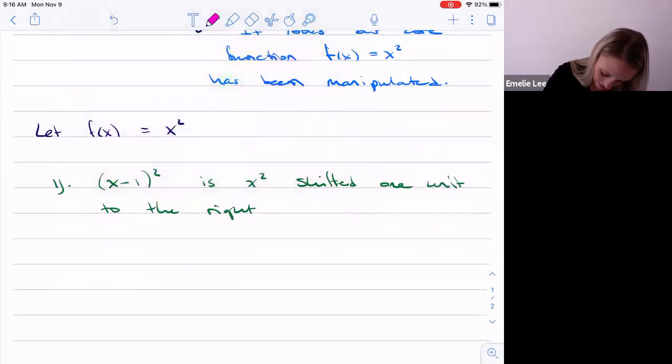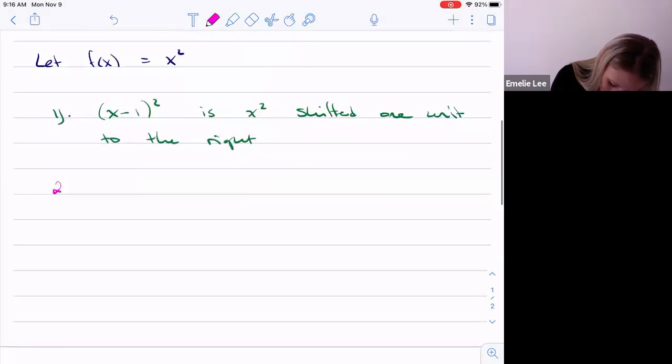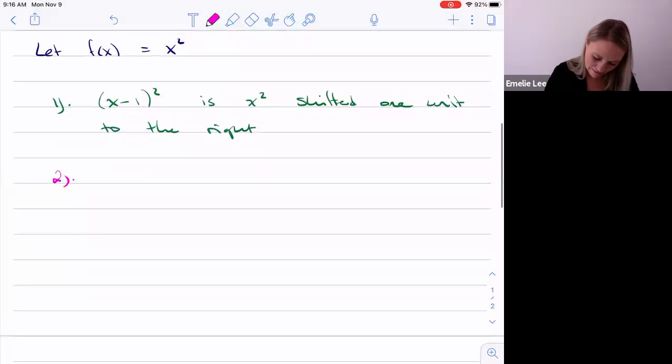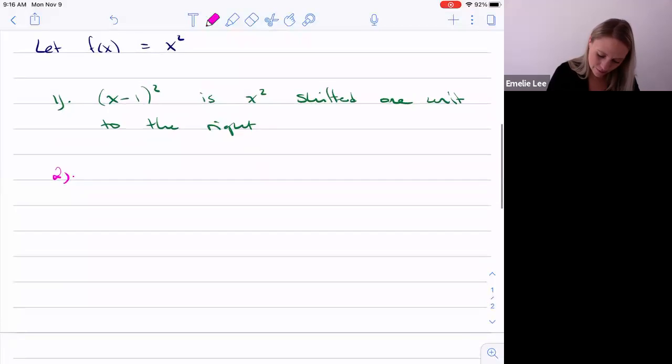I'll use a different color so that I can match these later on. I'm going to leave a space here because we're going to follow 3 points around.